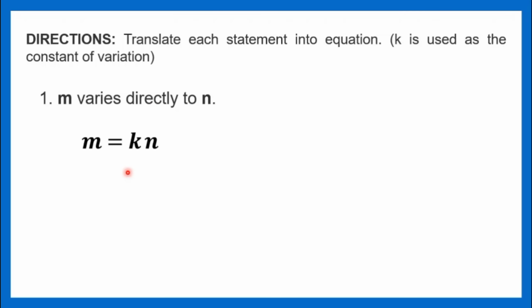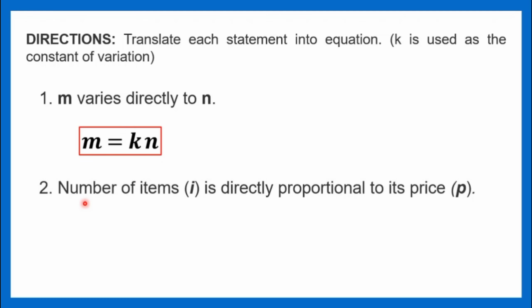Next. Ayan. Ito naman. Number of items, I, is directly proportional to its price na letter P. Ayan. So, yung items is denoted as letter I na variable and yung price naman ay letter P ang gagamitin natin. So, paano yan? So, ang unang binanggit ay yung letter I. So, siya yung nasa left side of the equation.